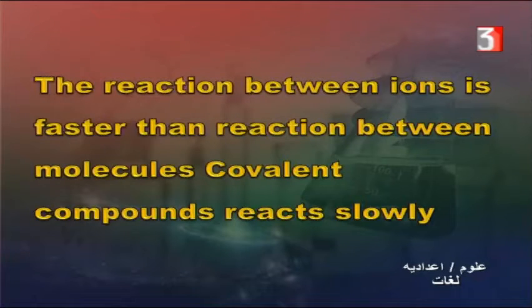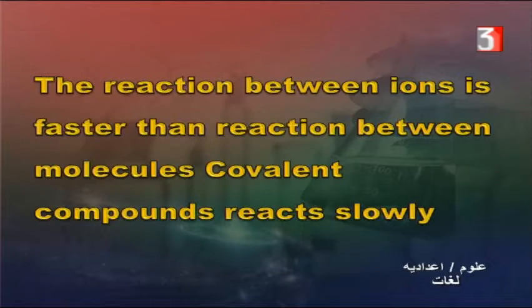The reaction between ions is faster than the reaction between covalent molecules, which react slowly. The reaction between ions, as sodium chloride with silver nitrate, is faster than the reaction between covalent compounds, which react slowly, such as caustic soda with oil to make soap.